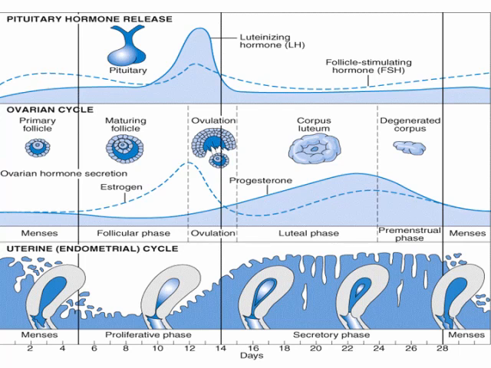And this shows you how the pituitary hormone release relates to the ovarian cycle, and how those two things relate to the uterine cycle or the menstrual cycle. Okay?